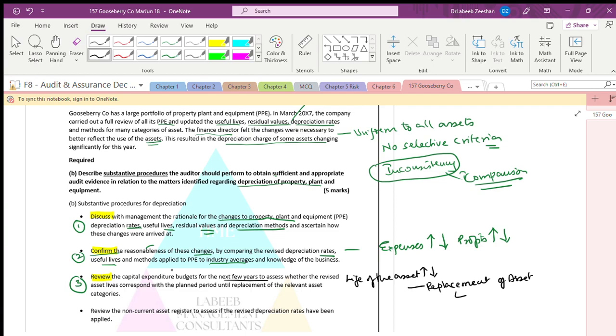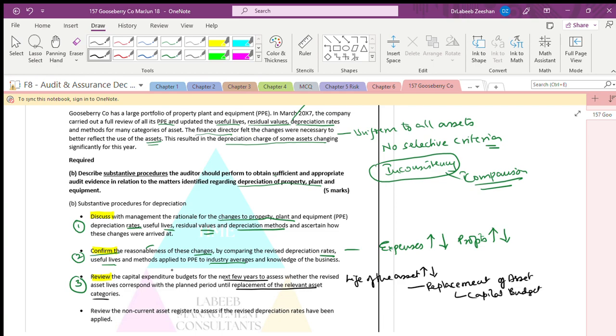In that case, you should have a sufficient capital expenditure budget for the next year, covering the revised lives until the planned replacement of the relevant asset.